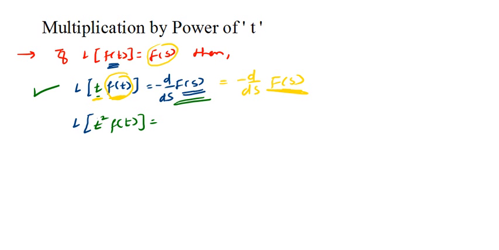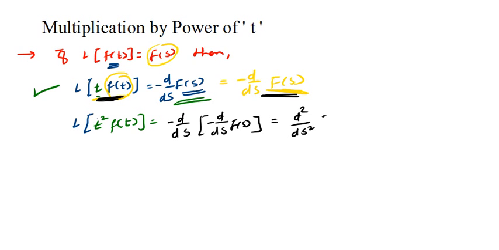So the same thing will happen here. Again you will have to take the derivative of Laplace of this function. I can write this t square as t into t. So Laplace of t into f of t is this thing, minus d by ds of F of s. So this will be d2 by ds square F of s, and so on.